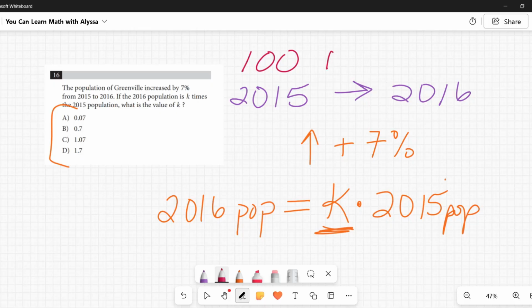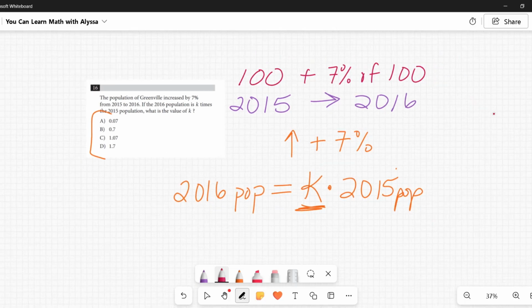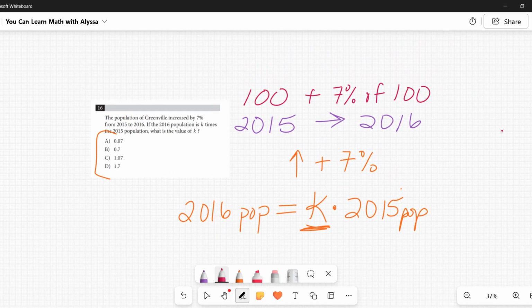So we can say it's 100 plus 7% of 100. All right? So 7% of 100, I'm going to zoom out, give myself a little more room here. 7% of 100 is 7. So 100 plus 7 is 107.